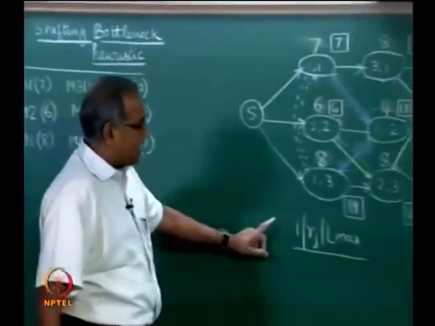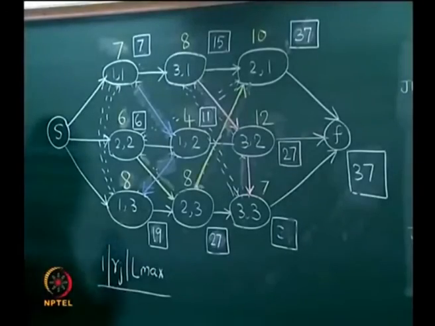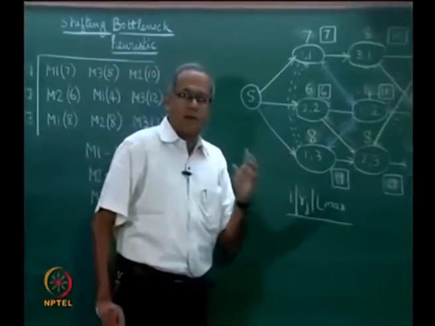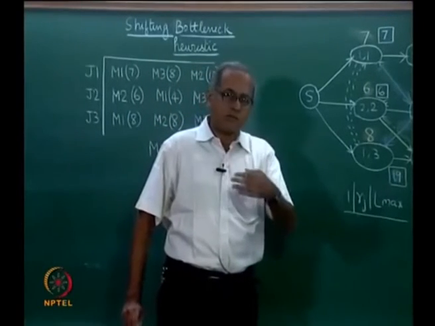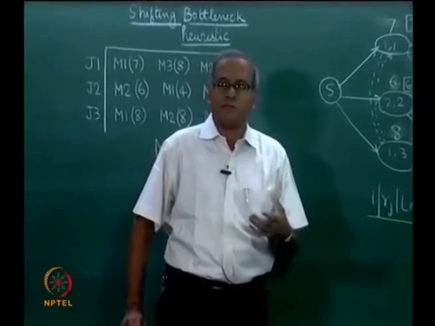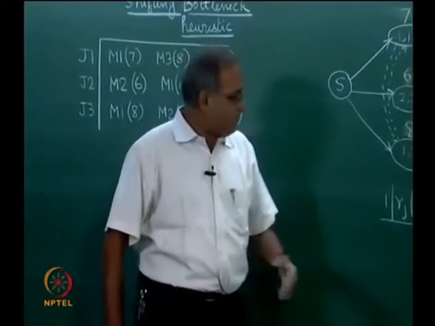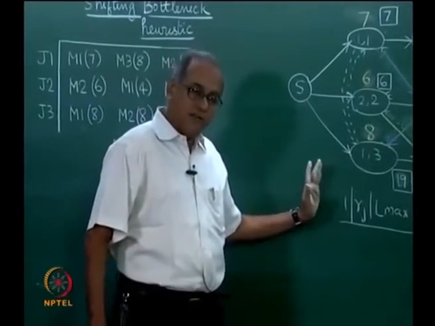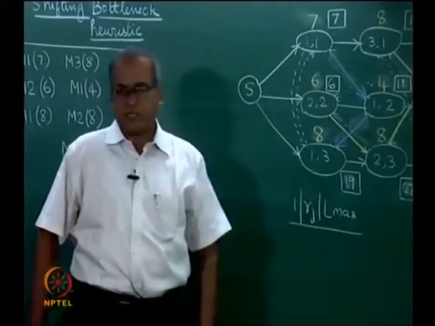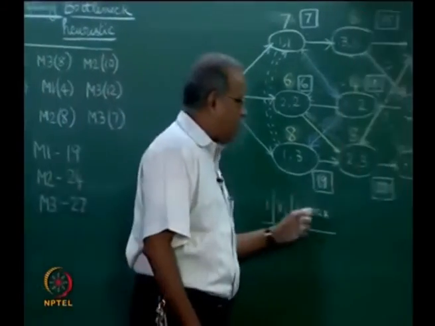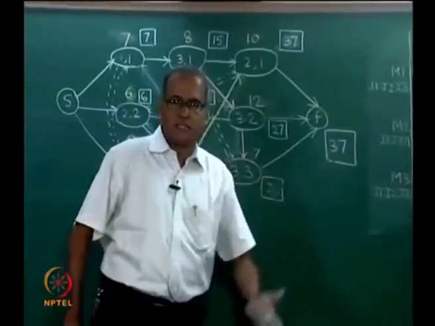We also have to observe that the 1 | rj | Lmax problem is actually a difficult problem to solve, but luckily the branch and bound that we used is able to solve problems of reasonable number of jobs optimally. Therefore, we are convinced that we can use the 1 | rj | Lmax on a single machine and apply it sequentially on the machines.